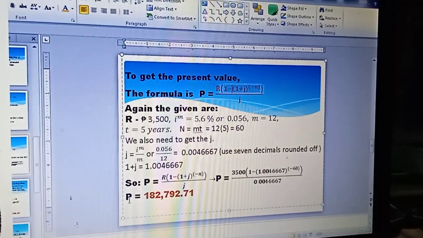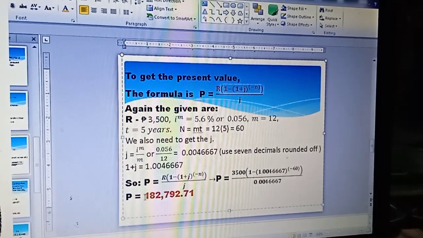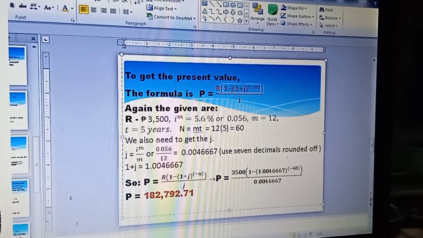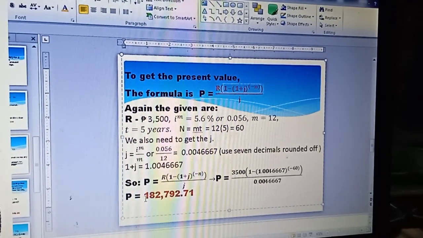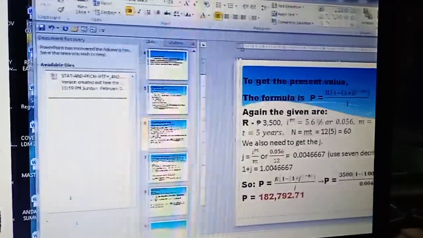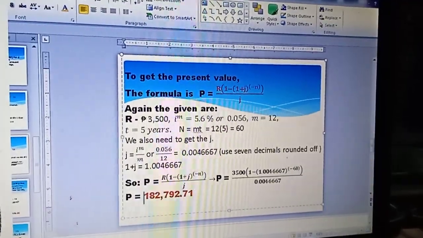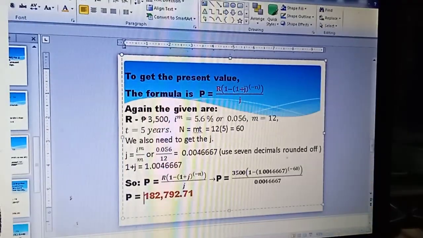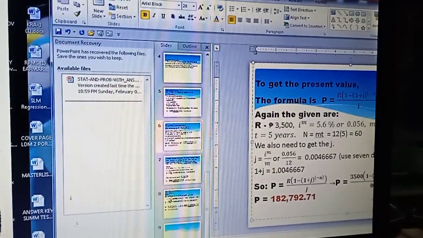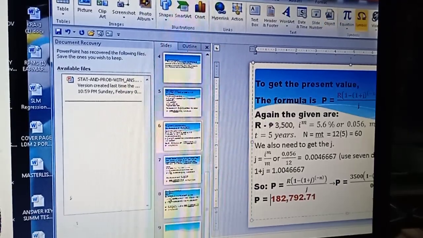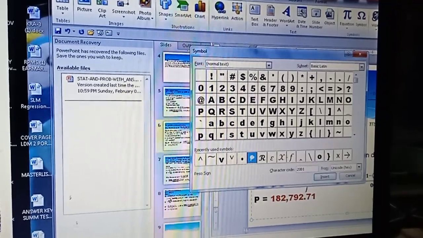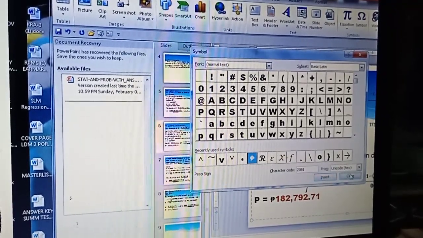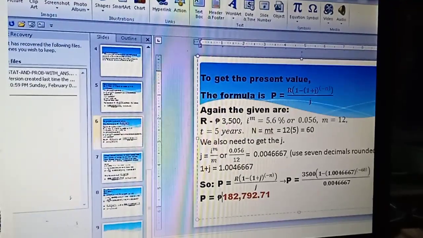We have the value for P, or present value, which is 182,792.71 pesos. Okay, so there is pesos already.